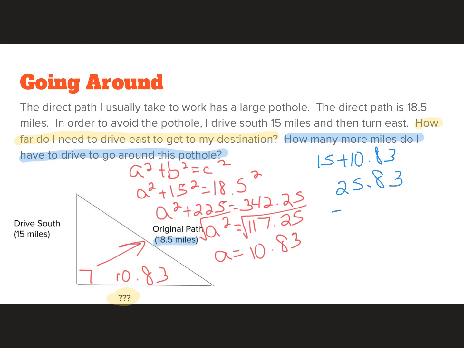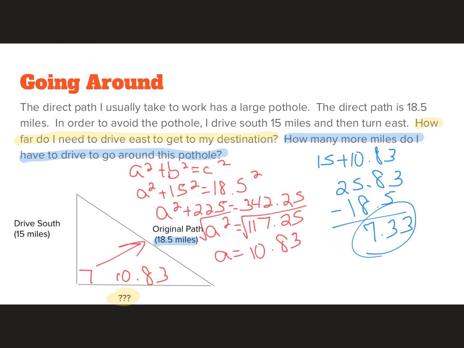So I'm going to subtract my original route of 18.5. That gives me 7.33, and so that's my second answer. That's how much extra I have to drive, 7.33 miles, to get around that.